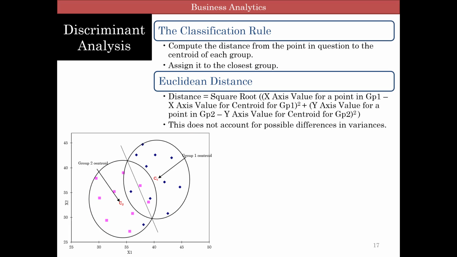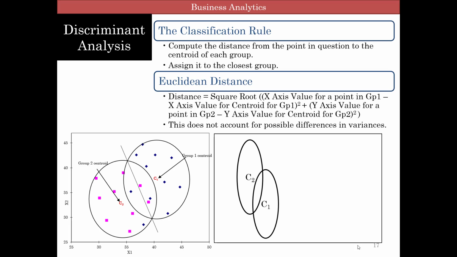But what if the data is distributed something like this, elongated, stretched along the y-axis, but much shorter on the x-axis? If we have a point right here, we can look visually and say this belongs to this centroid here, but if you look at Euclidean distance, it'll be closer to C2 than to C1.